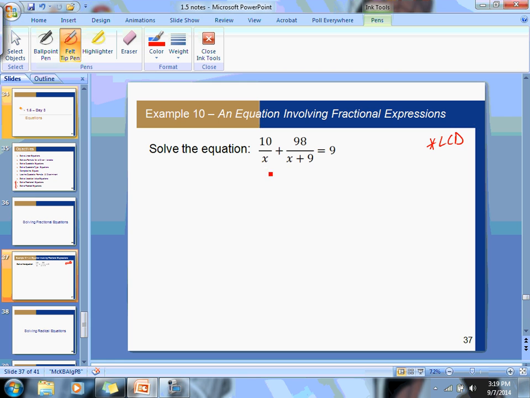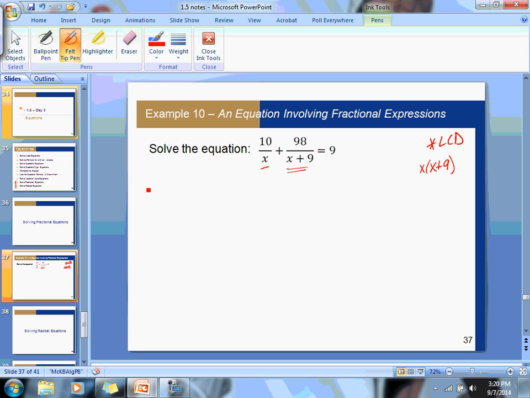So if we look at our denominators, we have an x, and then we have an x plus 9. And if we're going to find our common denominator, it would have to be x times x plus 9. So that's what I'm going to multiply each part of this whole equation by. And there's a couple different ways you could write this.